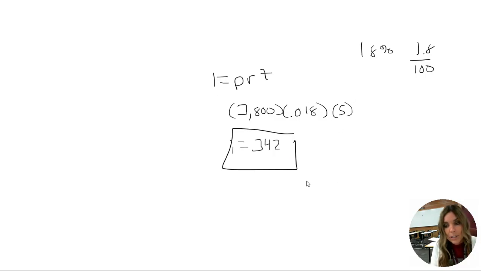So it's important to remember that when you take out a loan, to be able to buy something that you don't have the money for right then, you're going to have to pay back all of the loan amount. So she has to pay back this whole $3,800, plus she has to pay this extra $342 in interest.